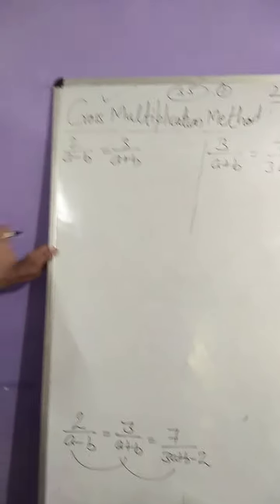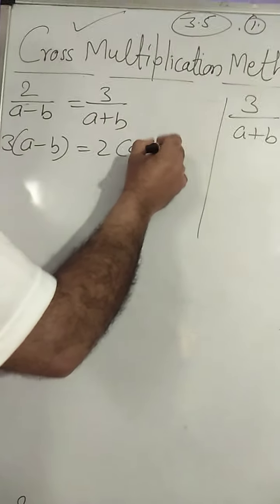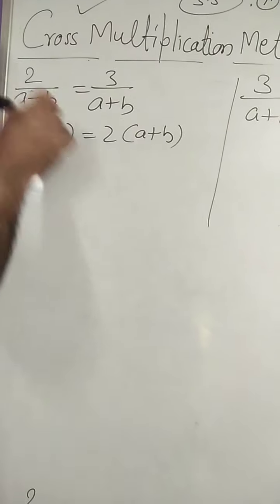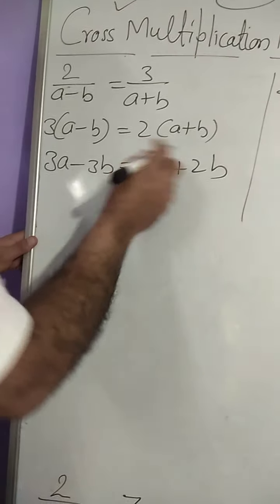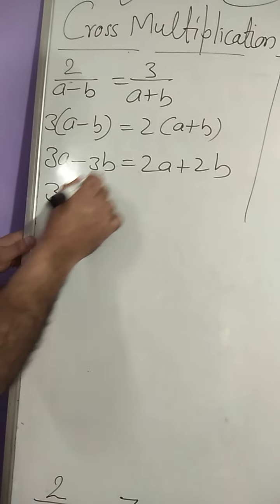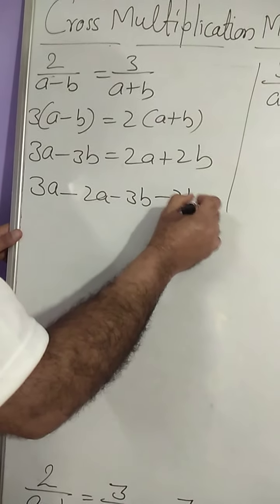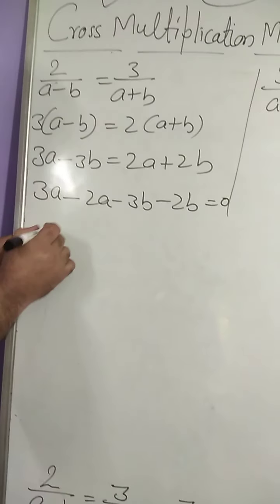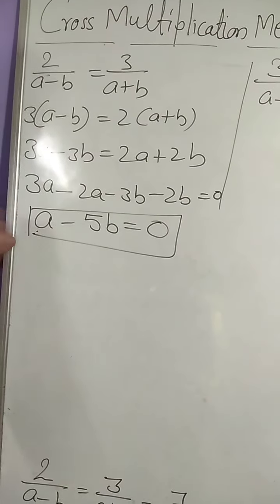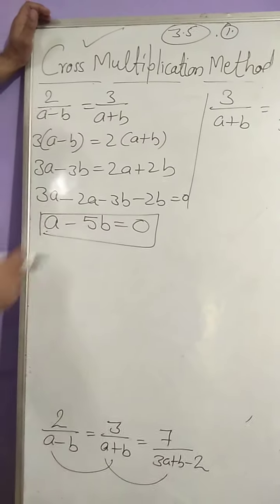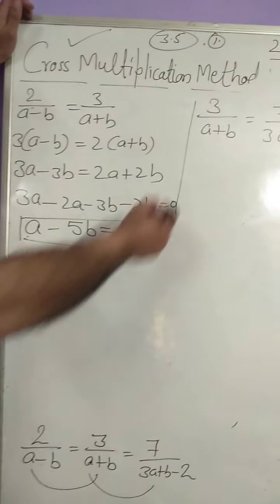Let us cross multiply the first. 3 into (a minus b), 2 into (a plus b). 3a minus 3b equals 2a plus 2b. Transpose these terms to this side: 3a minus 2a minus 3b minus 2b equals 0. So a minus 5b equals 0. I got one linear equation in terms of a and b. If I get one more equation, then I can solve that pair.